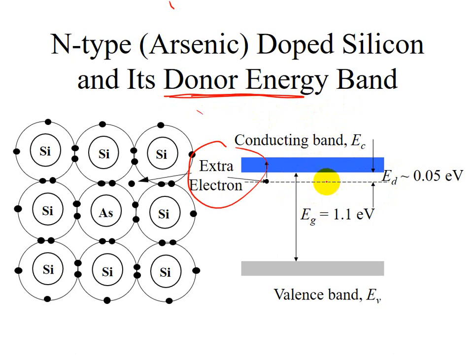So it's much easier for the electron to jump to the conducting band, contributing to the conductivity. The conductivity primarily comes from the electron, a negative charge particle, so n-type.